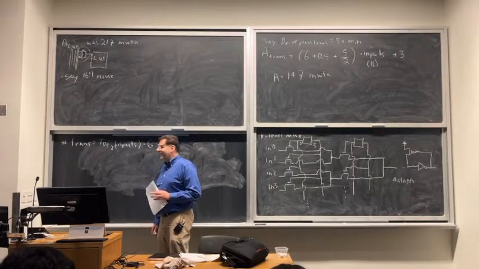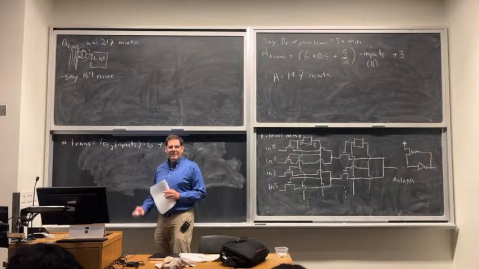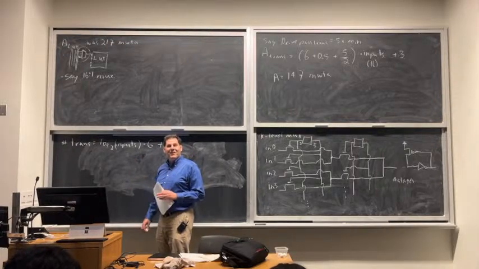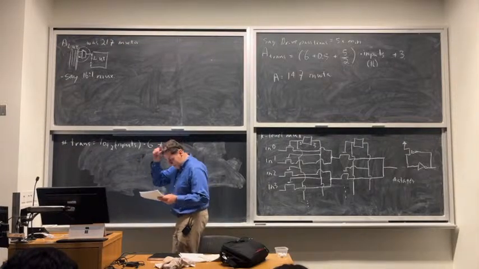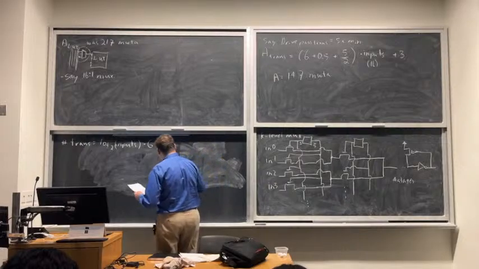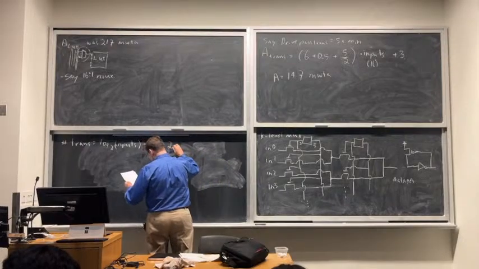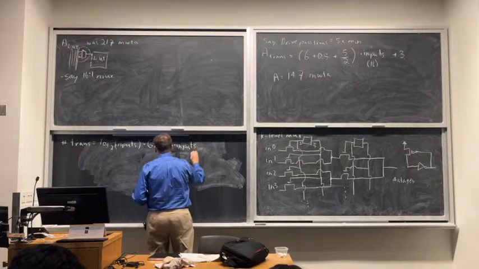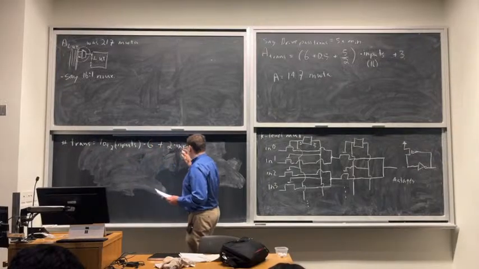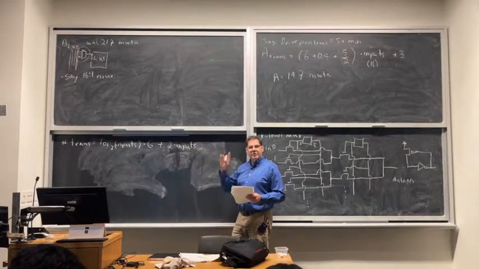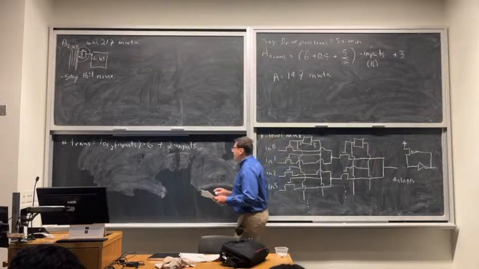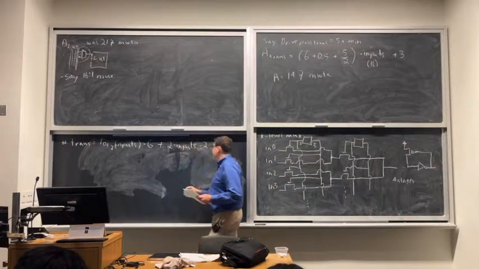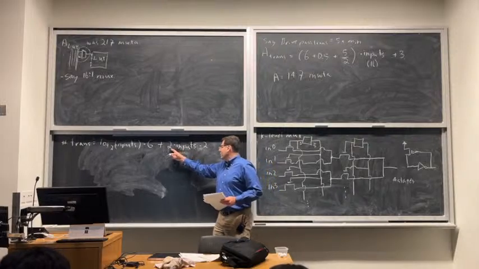I wrote it down, so if there's no volunteers of what the sum of that geometric series is. The sum of that geometric series is basically 2 times the number of inputs. I mean, the number of inputs would be like 2 to the k, if we say this is a k-level MUX. Okay, so sum of the geometric series would be 2 times the number of inputs minus 1.